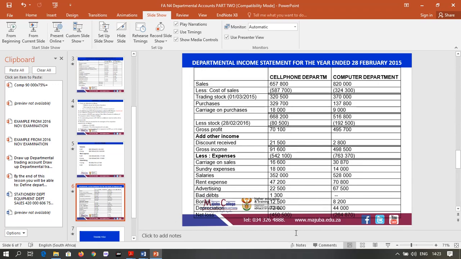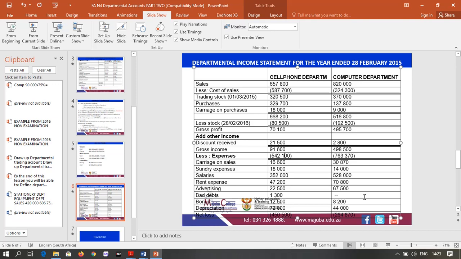Then you need to calculate all these expenses. When you add all the expenses up here, 16, 18, 352, 47, 22, 1,200, 12,000, 72,000, you get this amount of 542,100.